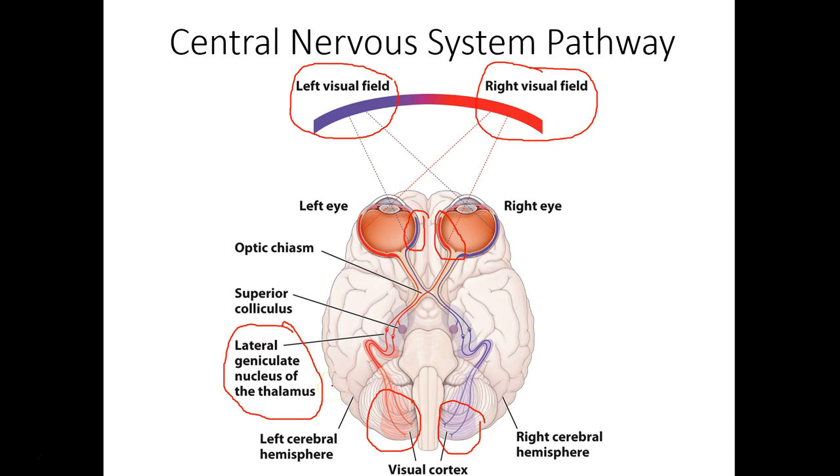From the LGN, white matter tracts called the optic radiations, which you can't see here, carry the visual information to the primary visual cortex. The primary visual cortex is in the occipital lobe, which largely just handles visual processing. Interestingly, there's a disproportionately large area of the occipital lobe that processes information from the fovea.